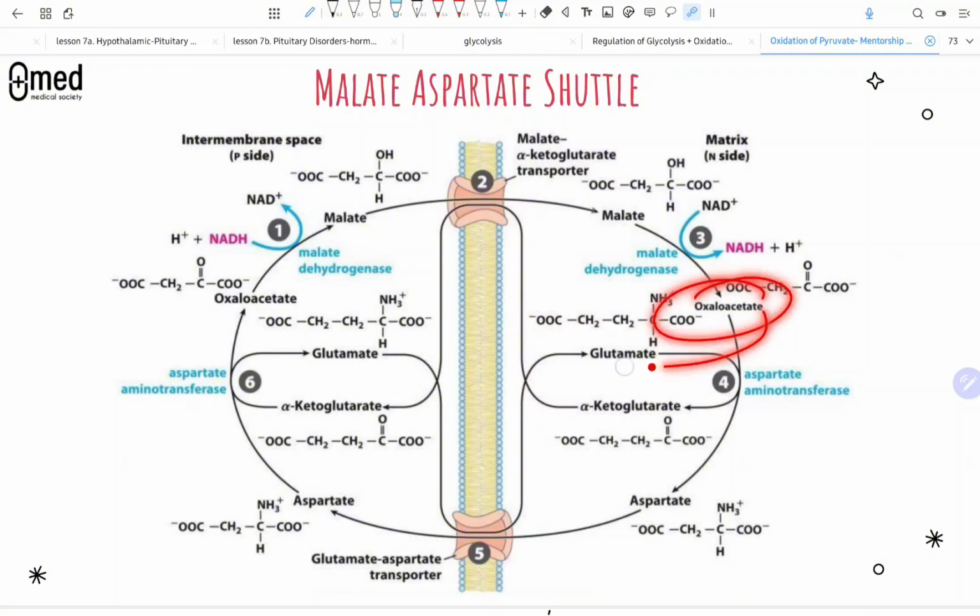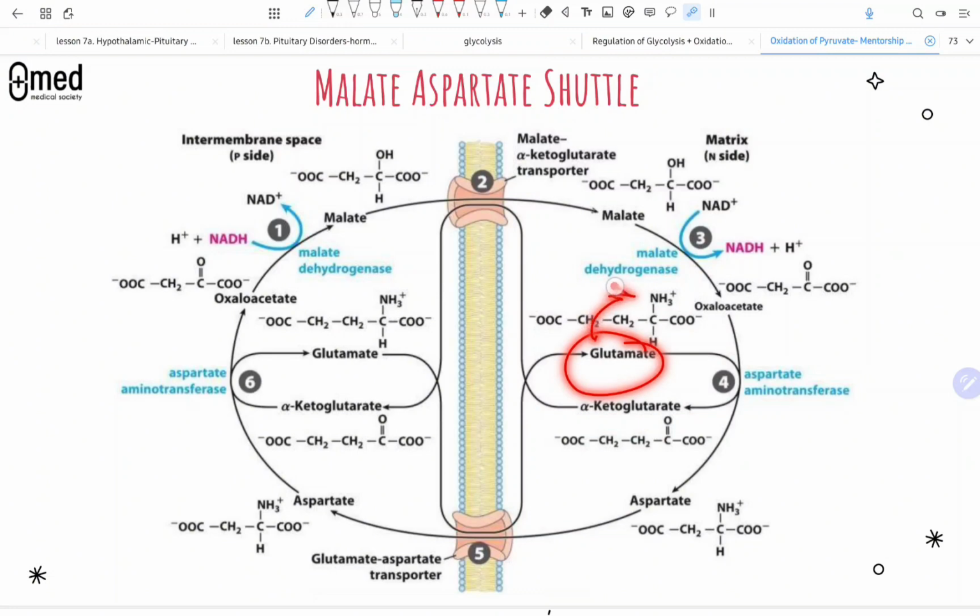Now oxaloacetate has to go back out, right? So, as I said, oxaloacetate cannot cross. It needs to be converted to something else so that it can leave, right? So what happens is that glutamate donates this amine group to oxaloacetate, and oxaloacetate becomes aspartate. Glutamate, when it donated this, became alpha-ketoglutarate. Okay? I'll repeat.